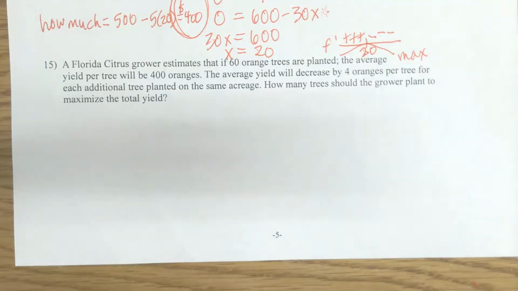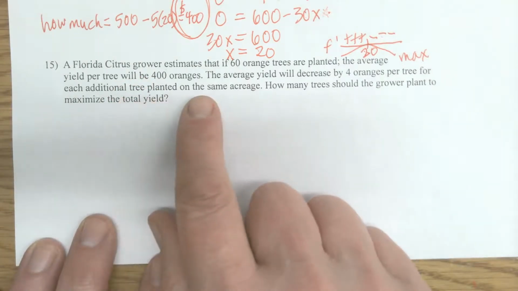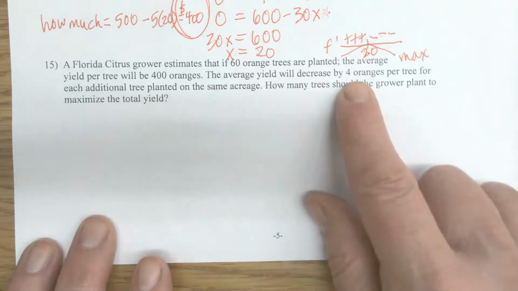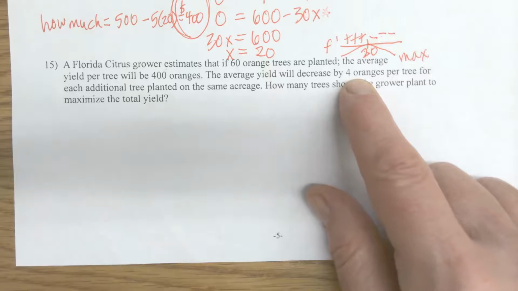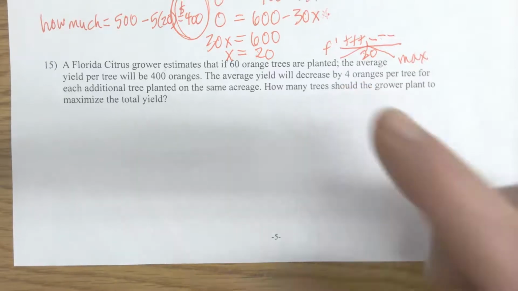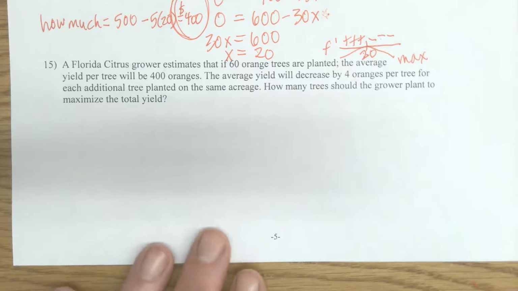But if they add more trees, in fact, for each additional tree planted on that same acreage, they will decrease the number of oranges per tree by 4, because you have more product fighting for the ground and the nutrients and all of that stuff. Overcrowding will reduce the output. All of those things come into play.